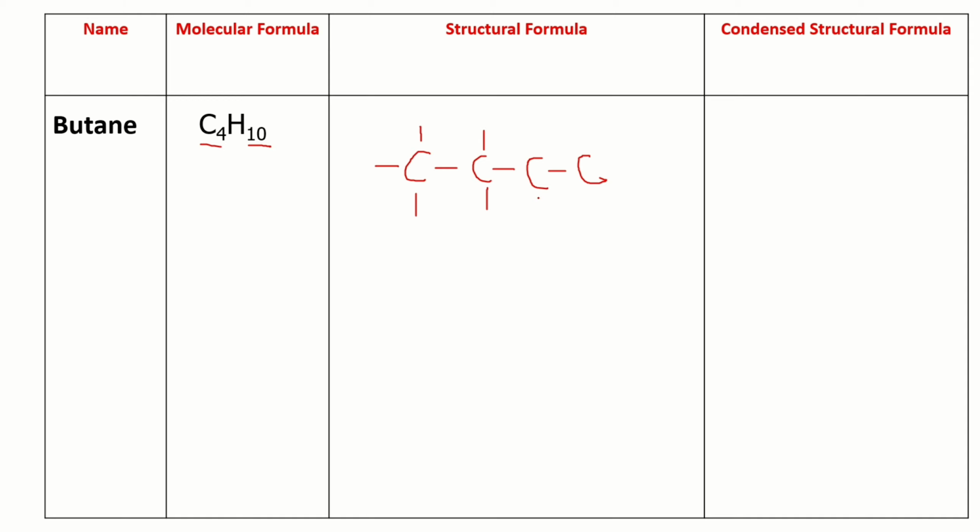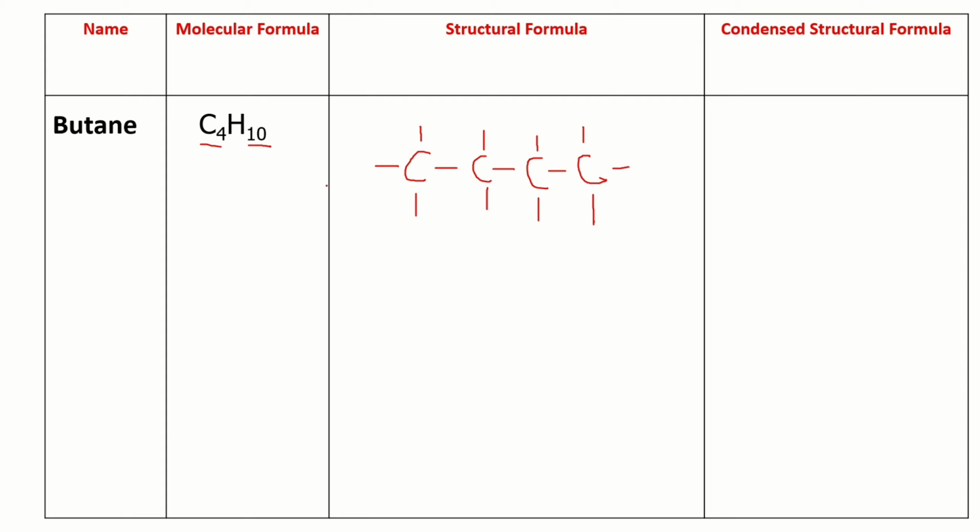Okay, we have 4. Third one, let's add 2 bonds. We got 1, 2, 3, 4. Okay, so 4 bonds for the second carbon atom. The third carbon atom, 1, 2, 3, 4. And for the last carbon atom, 1, 2, 3, 4. Then how many hydrogen atoms?